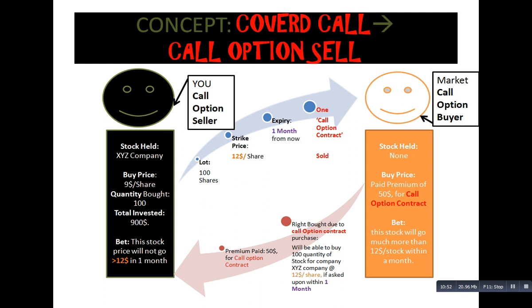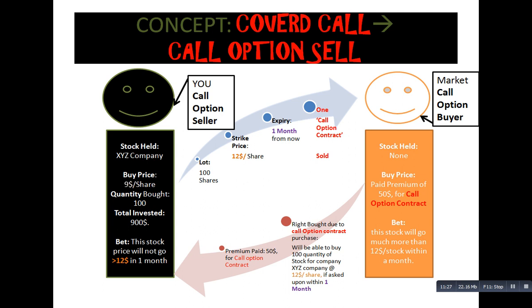So let's say you bought 100 quantity of XYZ stock at $9 a stock. That means out of $1,000 you had, you have invested $900 on the stock. The current market price of the stock is of course $9 because you have just bought it at $9 per share.